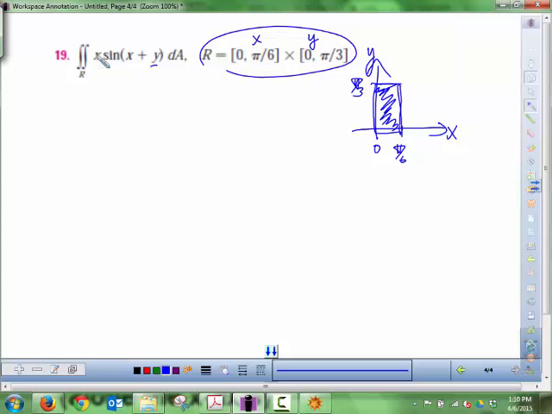So that's probably a good move. Let's go with respect to y first. So integrate with respect to y first, x sine x plus y dy. And now if I look at my y values, my y goes from 0 to pi over 3. And then dx goes from 0 to pi over 6.